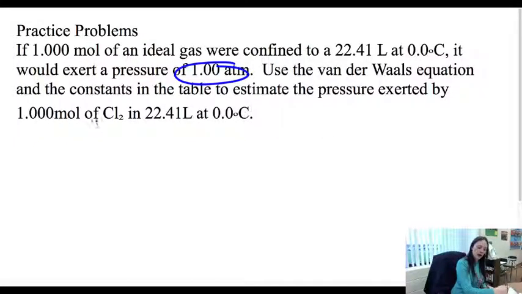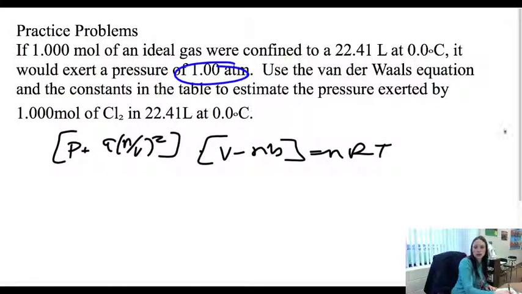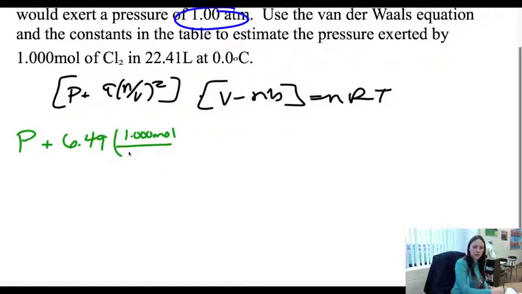So let's start out with my equation. It's going to have P plus A times n over V squared times V minus nB equals nRT. Let's go ahead and plug everything in. Pressure, which I don't know, plus my A. So for Cl2 on the table, my A is 6.49 times my moles. I have 1 mole. My volume, they tell me, is 22.41 liters.